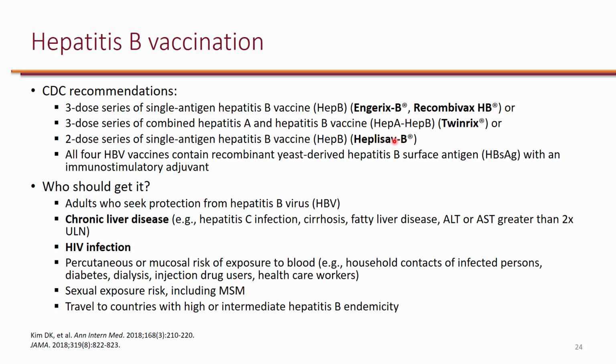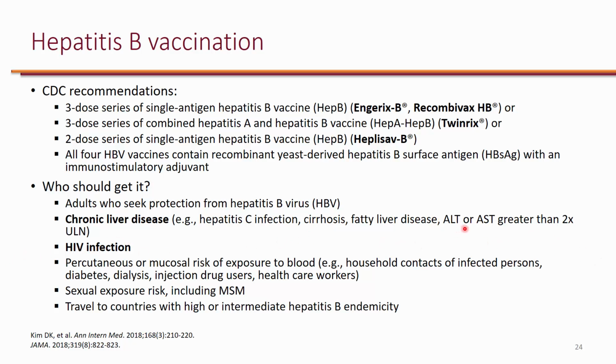So that's also available on the market. Again, anyone who wants to get protection from Hep B can get vaccinated, but specifically they recommend Hep B for chronic liver disease, so patients with cirrhosis, as well as patients who have HIV infection.